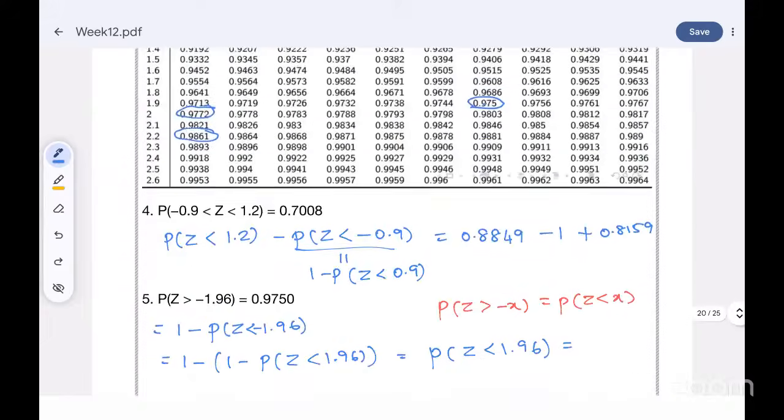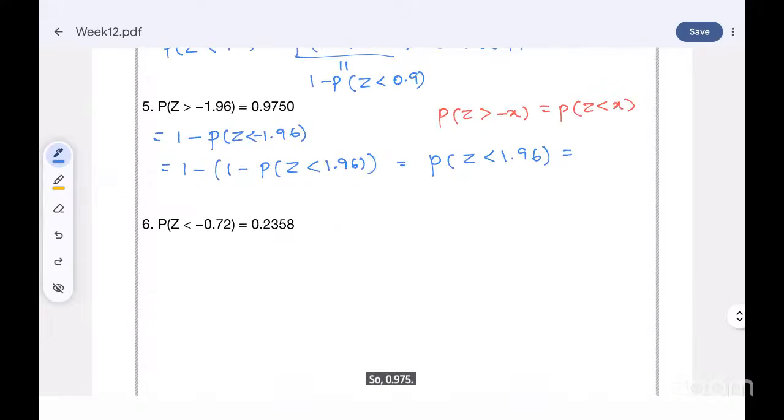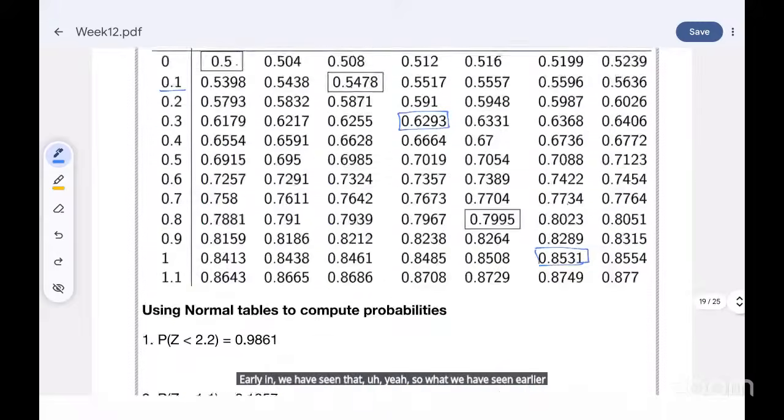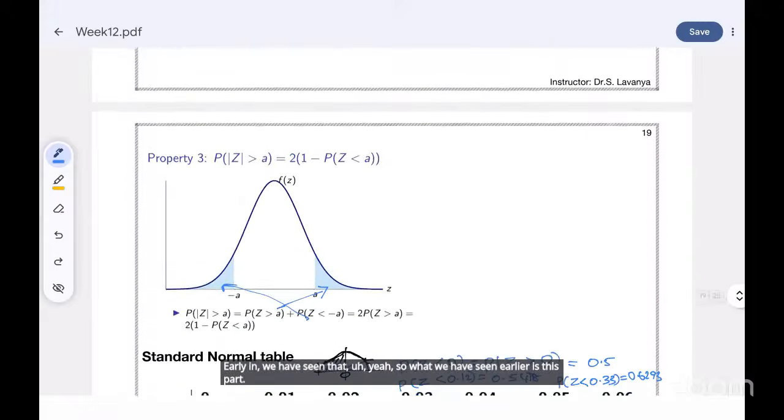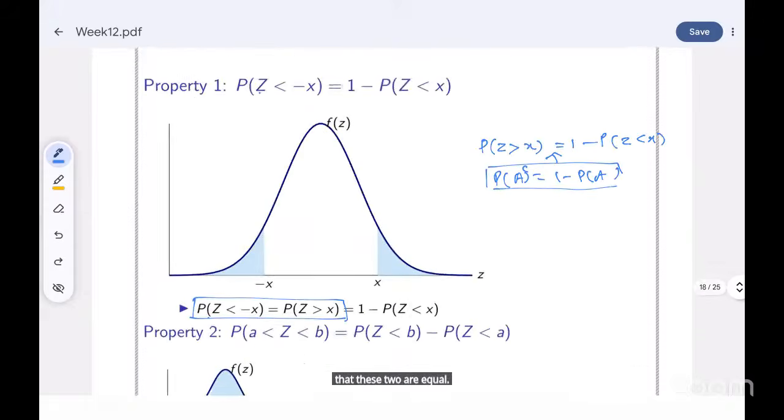So 0.975. Okay. Madam, it should be z less than minus x, right? Like the row you wrote in red color earlier. So what we have seen earlier is this part, that these two are equal. So z less than minus x is same as z greater than x. Now it's the other way around.